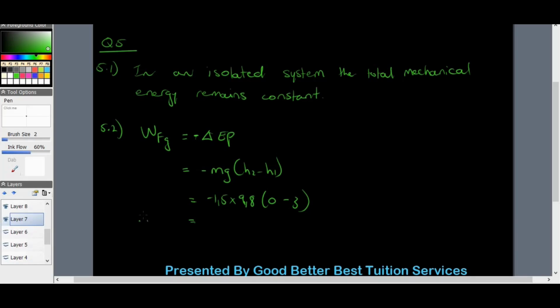Therefore, the work that is done by the gravitational force is going to equal 44.1 joules. Remember, the work is measured in joules.